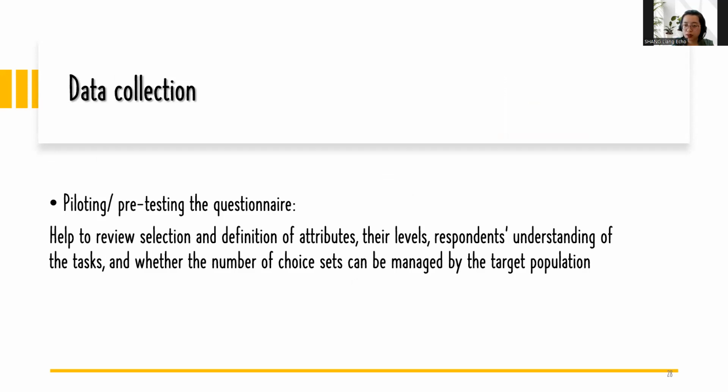You can recruit several stakeholders or respondents, like 3 to 5 respondents, to help review your selection and definition of attributes, and to ask them if they can understand the choice tasks you set, whether they can understand the attributes and attribute levels, and whether they think the number of choice tasks is too many for them to handle. After you get some initial ideas from your pilot testing, you can further revise and refine your questionnaire.